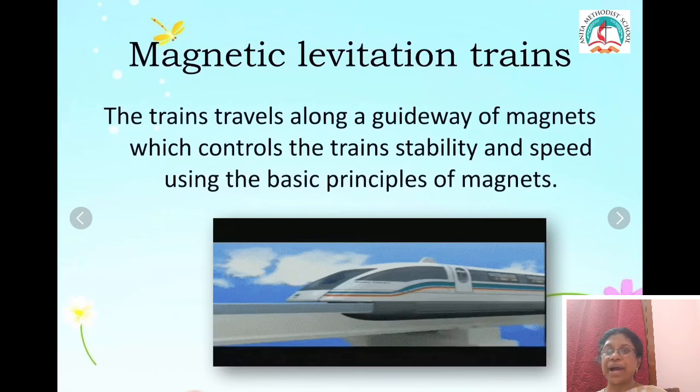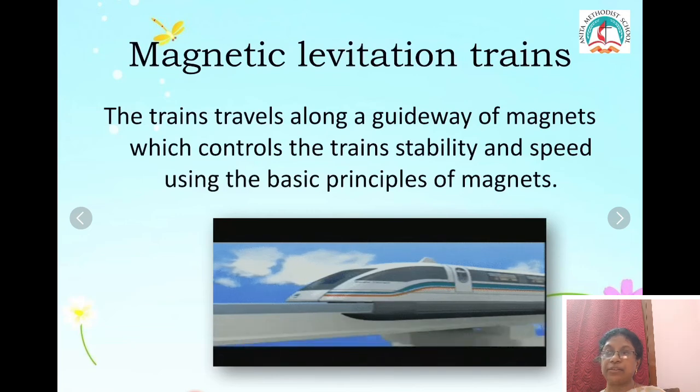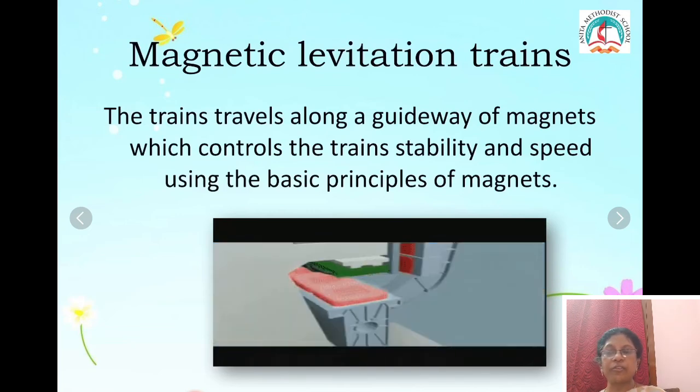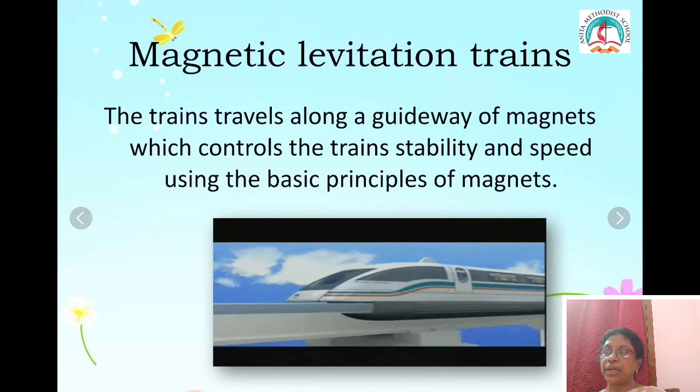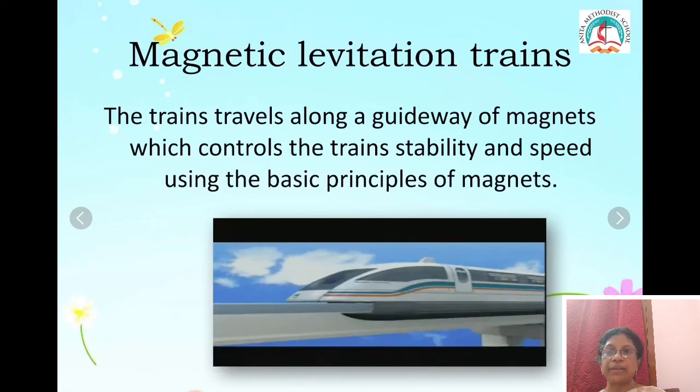Next is magnetic levitation trains. You would have seen these trains in Japan. In Japan they use magnetic trains. These trains travel along the guideways only with the help of magnets, and these magnets control the train's stability and speed using the basic principles of magnets.